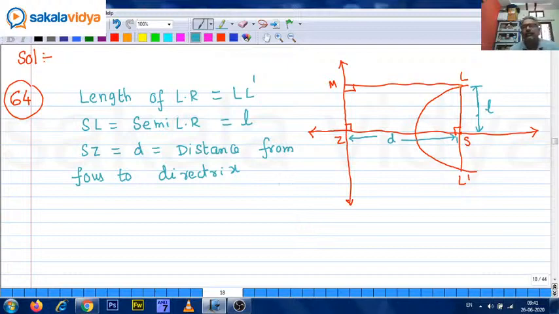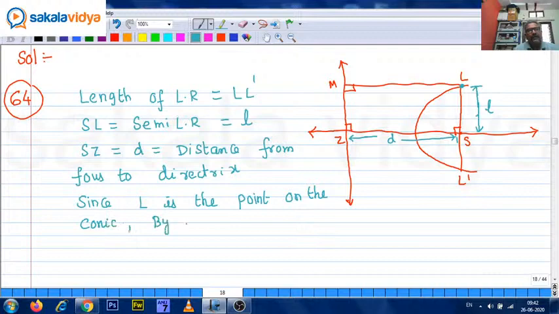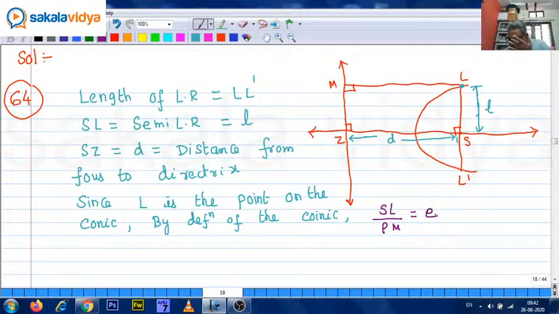Now you know L is a point on the conic. By definition of the conic, we can write SL upon the perpendicular distance from L to M, SL by PM equals E. This is the conic definition.